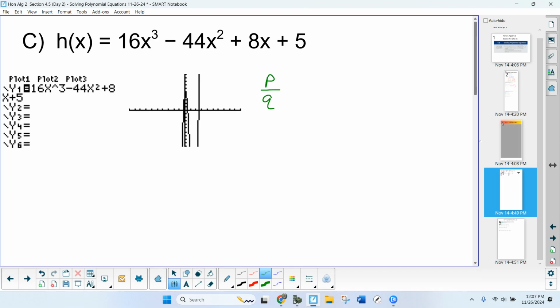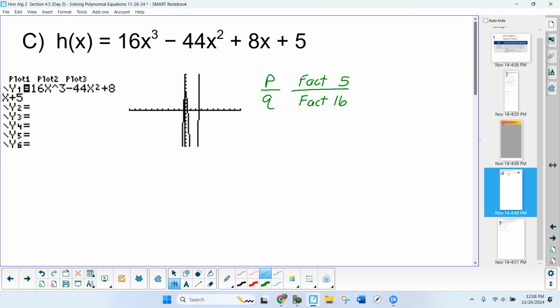Possible rational zeros. What is P? Factors of what? The constant. What number is the constant? 5. So we're looking for factors of 5 over factors of what? 16.